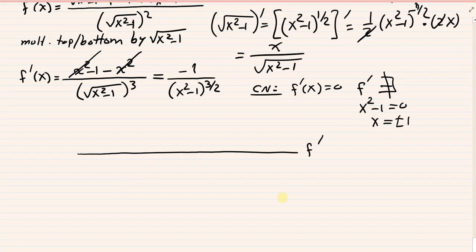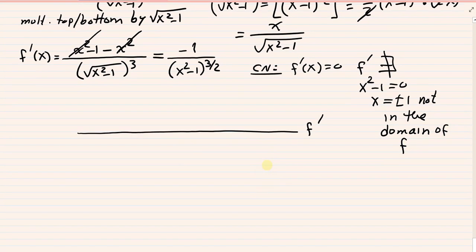So interesting. I'm just going to say this one is not in the domain of f. So there are no critical numbers in this one. So that means there's no extrema, because remember Fermat's rule, if the extrema exist, they have to occur at critical numbers. But let's see what's going on with this one a little bit more. So we know the answer, no extrema.